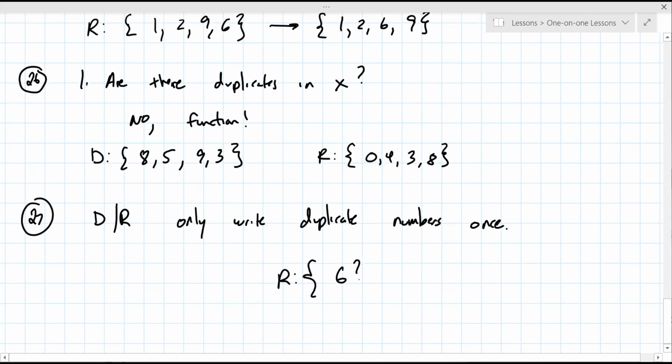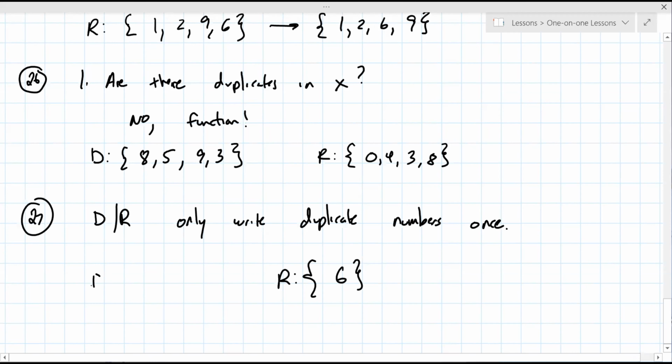You just put 6. What happens if there are duplicates in the y? Nothing. When we eventually get duplicates in the x, what do we do to the domain? We'll get there in 29. But you only write duplicates once, whether it's the domain or range.